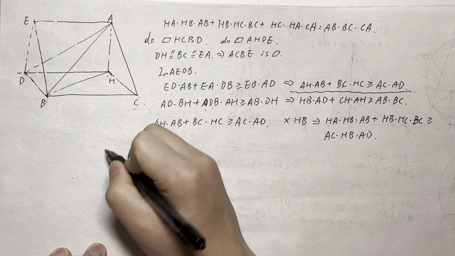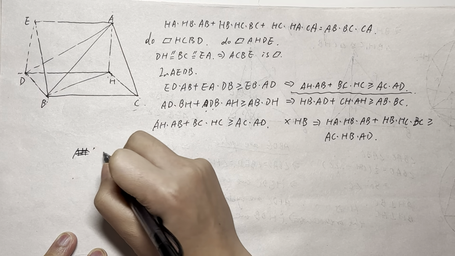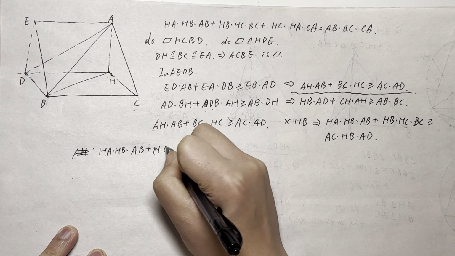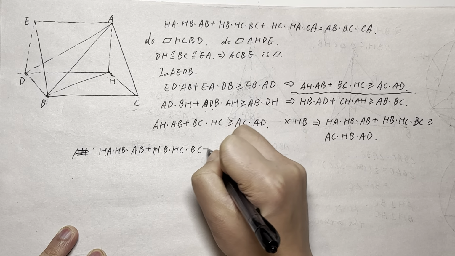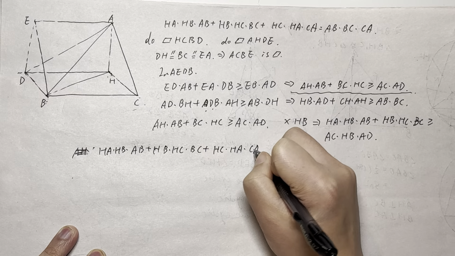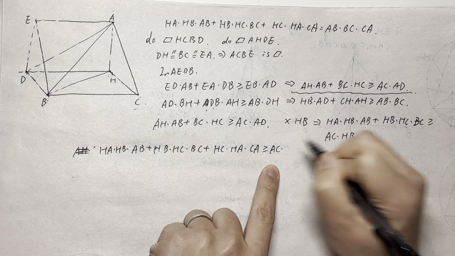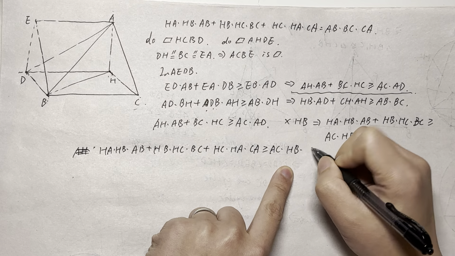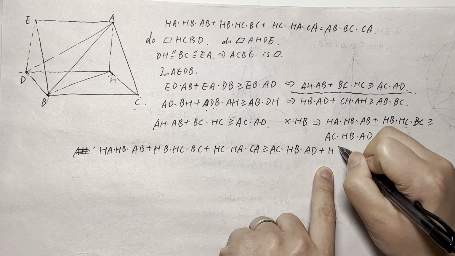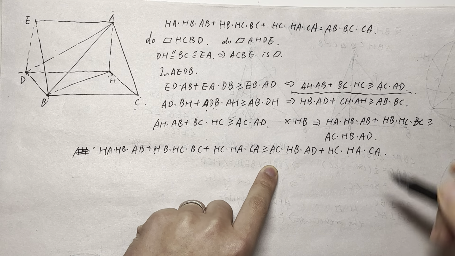So we have HA times HB times AB plus HB times HC times BC plus HC times HA times CA larger or equal to AC times HB times AD plus HC times HA times CA, right?